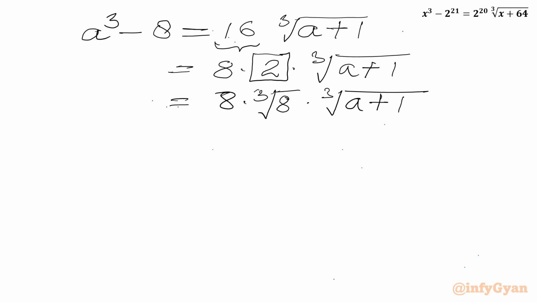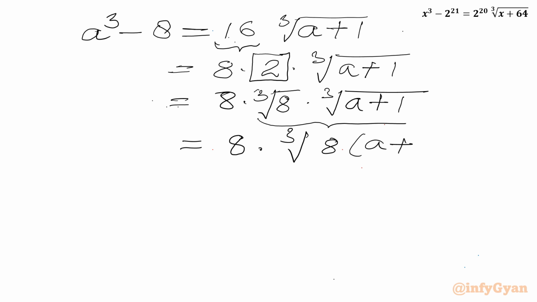Now I can club these two radicals. So I can write 8 times cube root of 8 times a plus 1, or I can write equal to 8 times cube root of 8a plus 8.